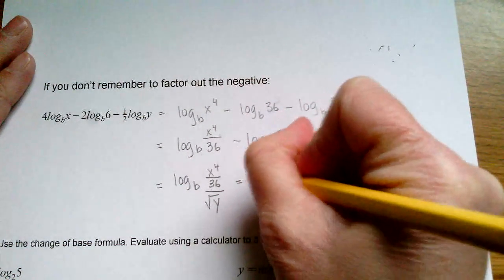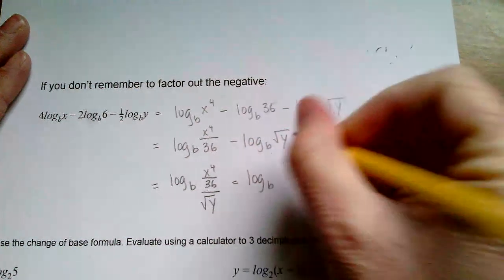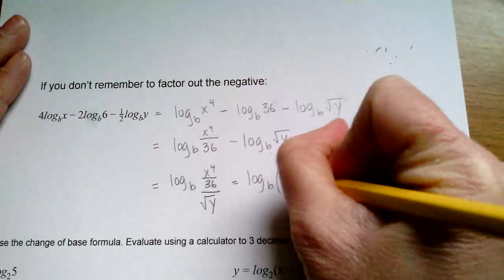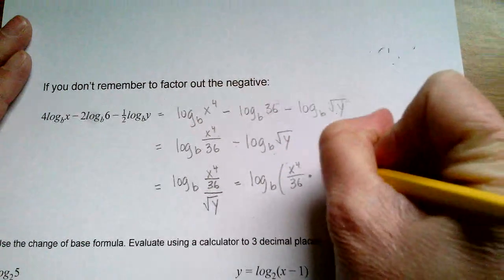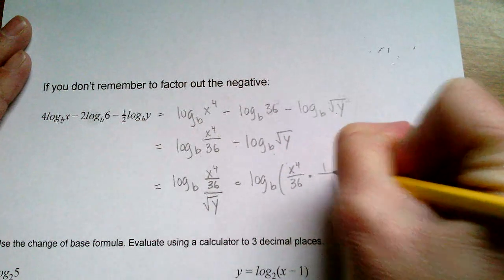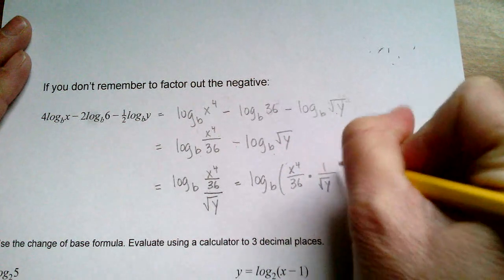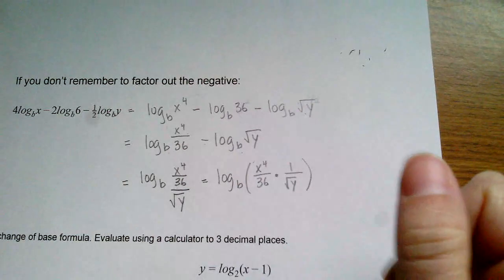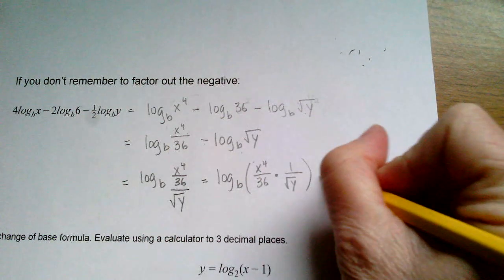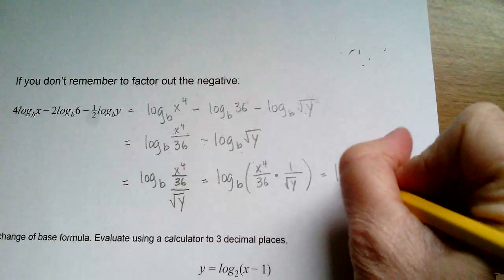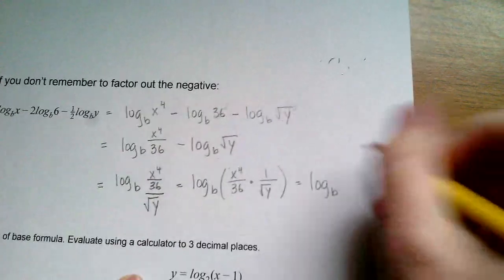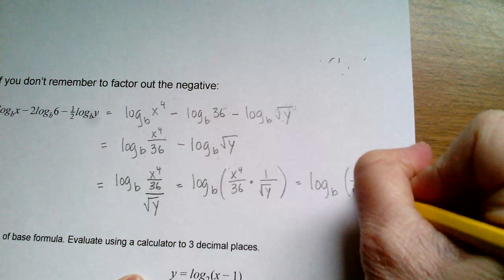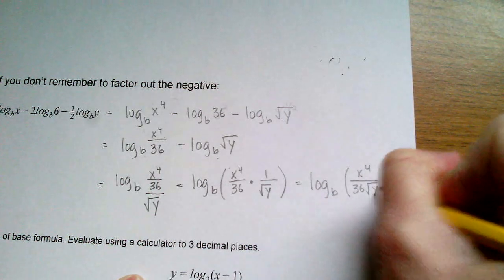So we are going to rewrite this as the numerator times the reciprocal of the denominator. This is just rules of fractions. And then we multiply to get log base b of x to the fourth over 36 square root of y.